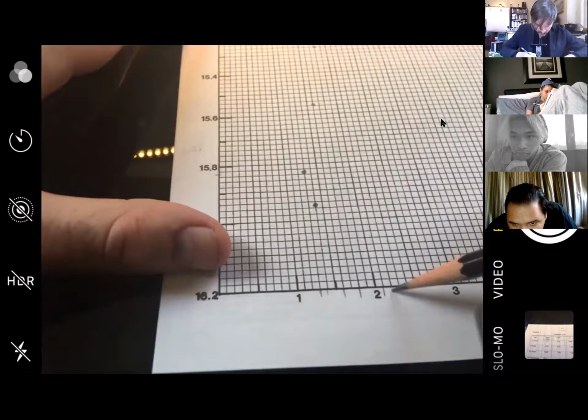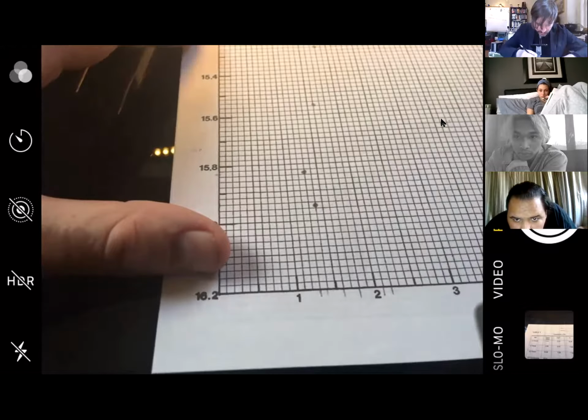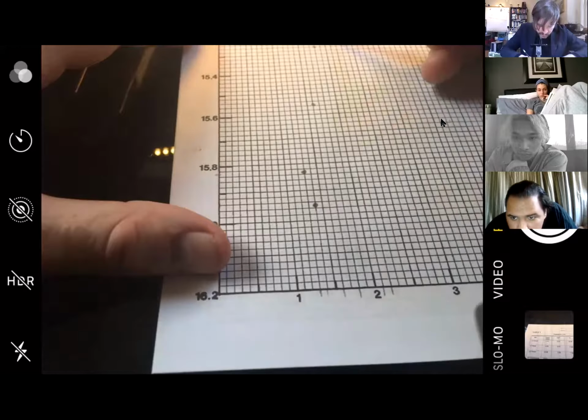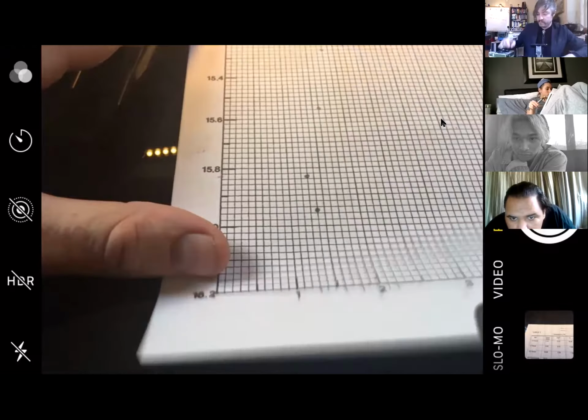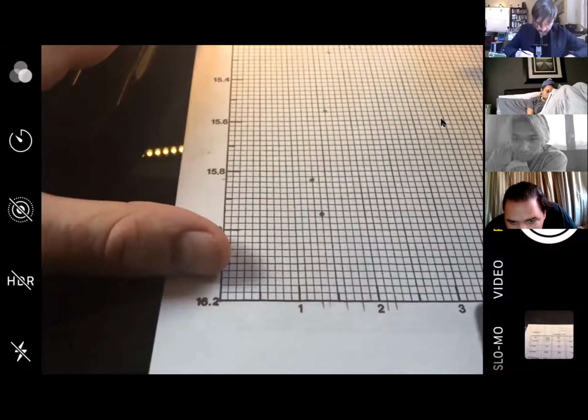So this is 2.3, and 15.23 would be 22, just below this. 2.7 and 15.32.